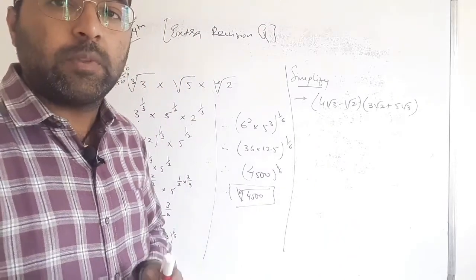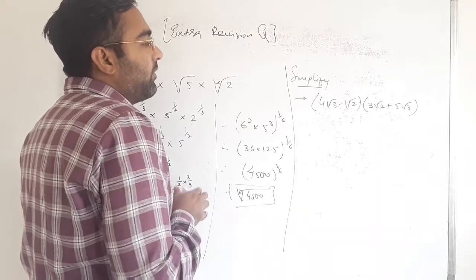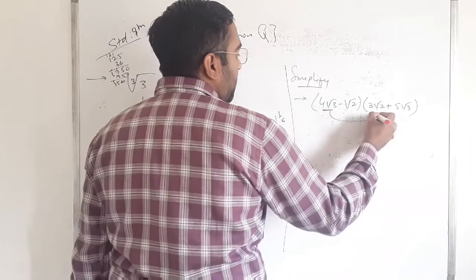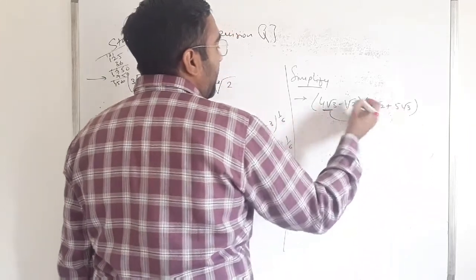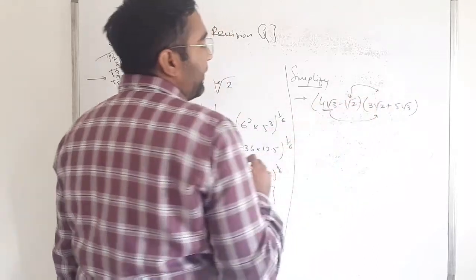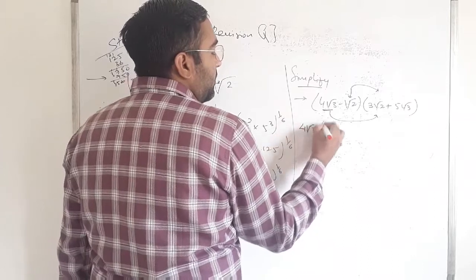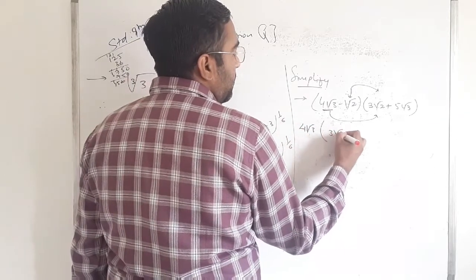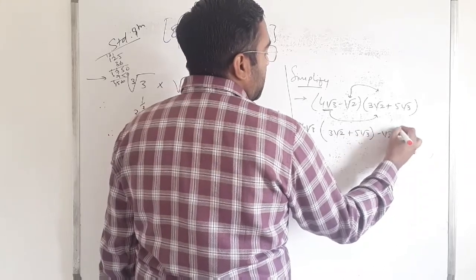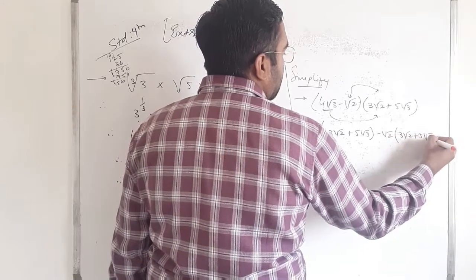Clear? Now we multiply each number of the first bracket with the whole second bracket. So 4 root 3 is multiplied with 3 root 2 plus 5 root 3, and minus root 2 is also multiplied with 3 root 2 plus 5 root 3.